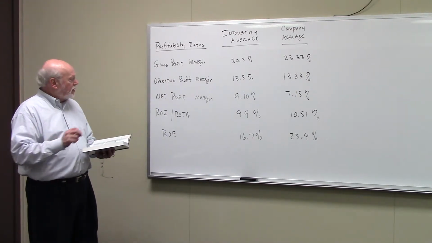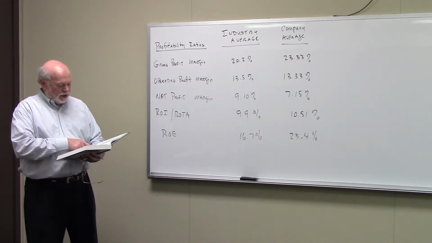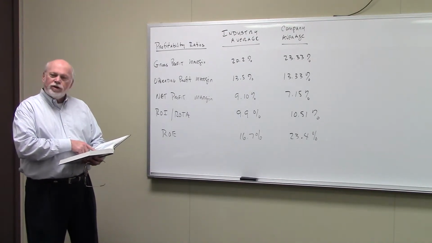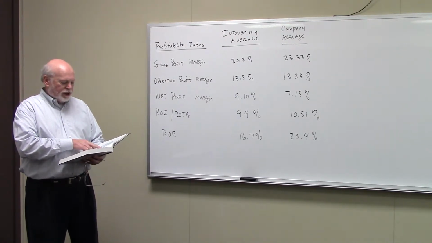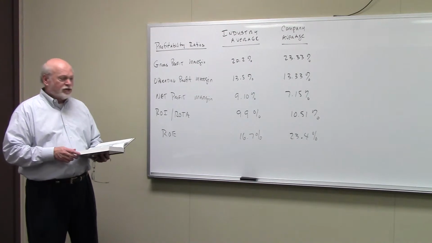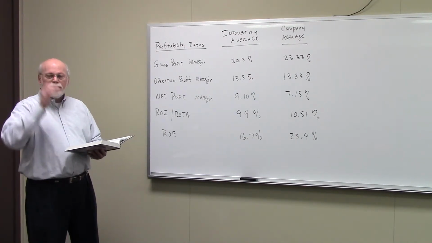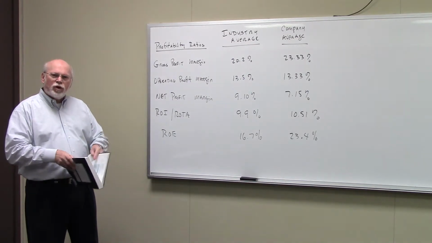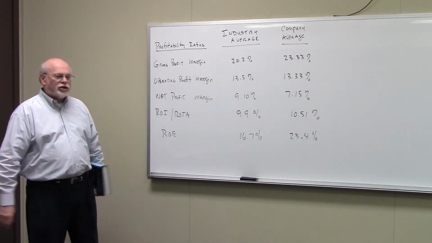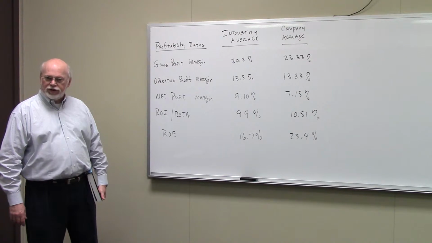To calculate the net profit margin, you take net profit $42,900, divide that by sales revenue of $600,000. And for Fox Manufacturing, that's 7.15%. The typical firm in the industry has a net profit margin of 9.1%.